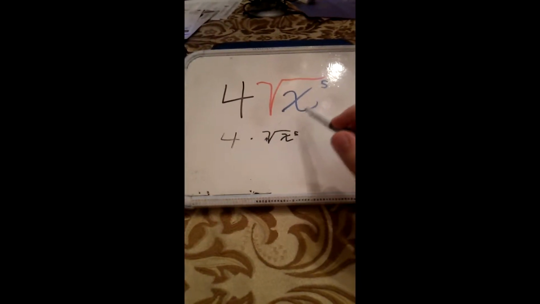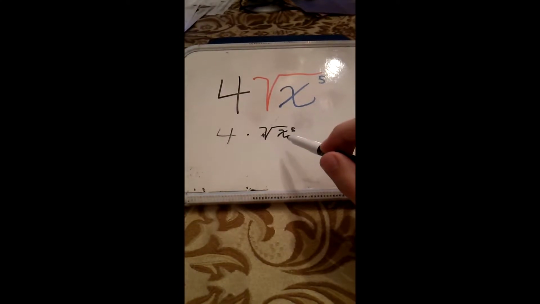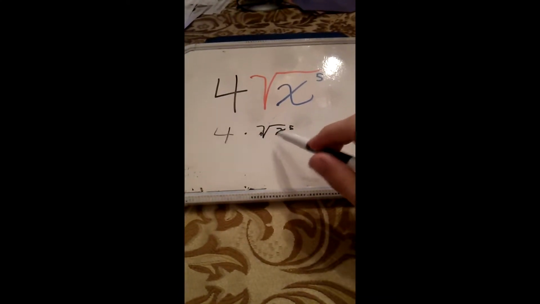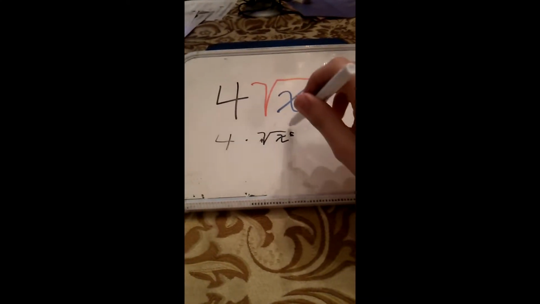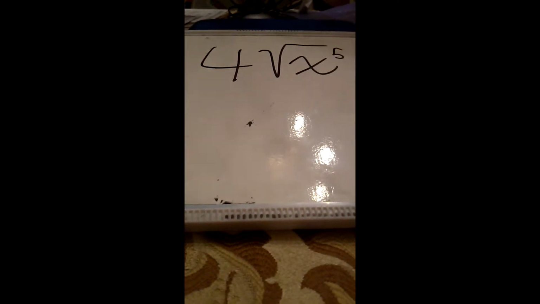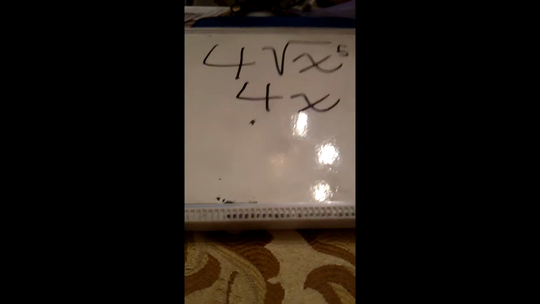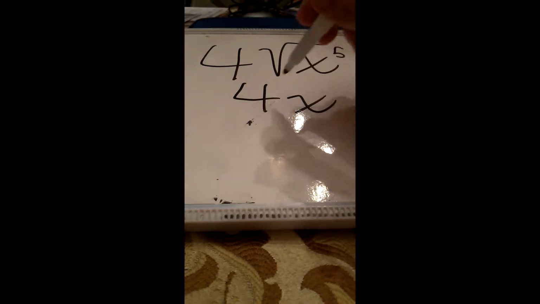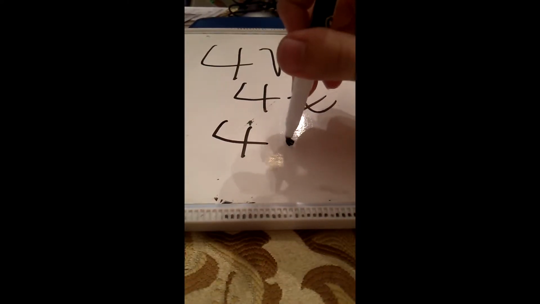The square root of x to the 5th, we can't really understand what it is because we don't know what x is, so we have to treat this as one unit, and this is one unit. A good way to remember that 4 times the square root of x to the 5th are two separate units is by thinking of it the same way you think of 4x. It's not 4x, it's 4 times x.